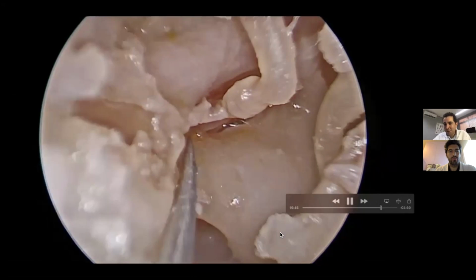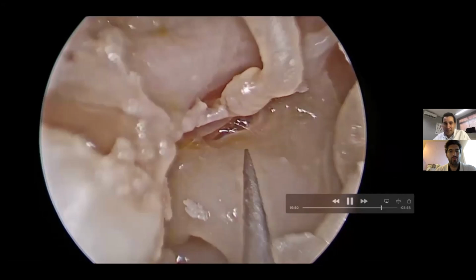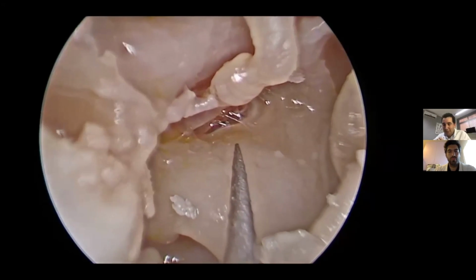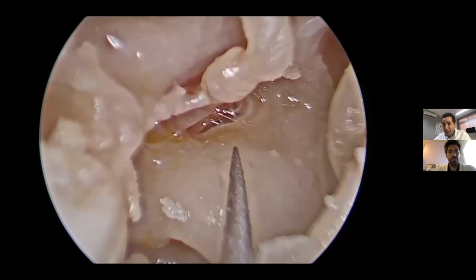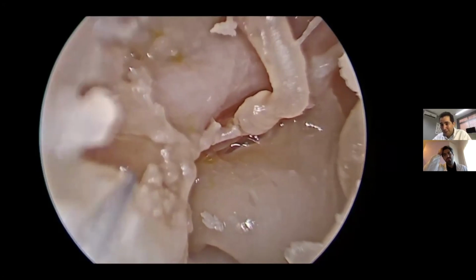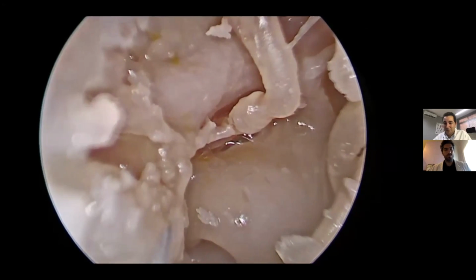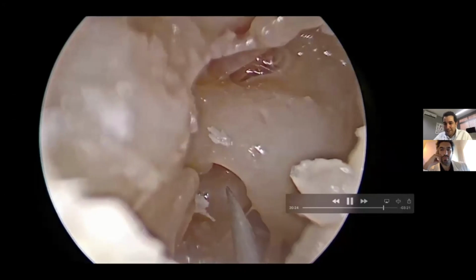If you have a chance to participate in a dissection course, it's very nice to see the details that the endoscope can bring to you, especially in cadaver, because in cadaver you can be more aggressive with those details and put the endoscope further inside the middle ear.